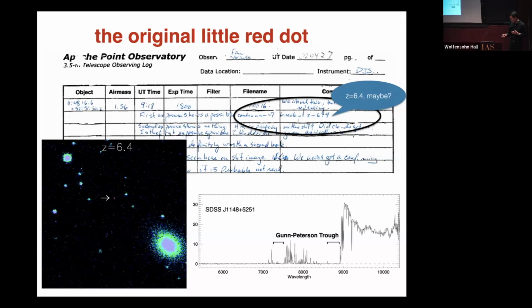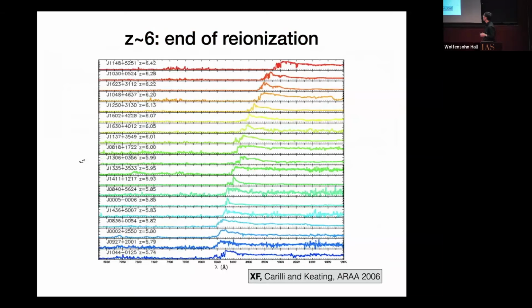So that's the start. A few years later, we wrote a review article to try to summarize what we learned from SDSS quasars about reionization and such. This was a figure from the review article, which basically showed all the SDSS redshift 6 quasar spectra in one plot. There are about 20 of them or so. That's all we had at that point.